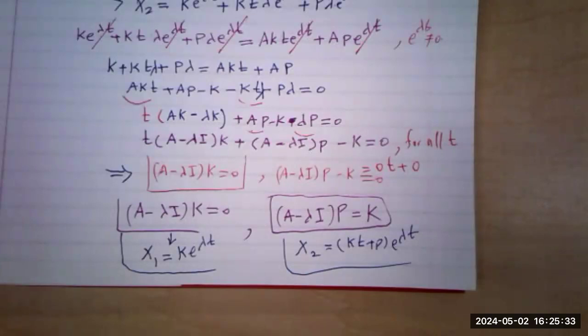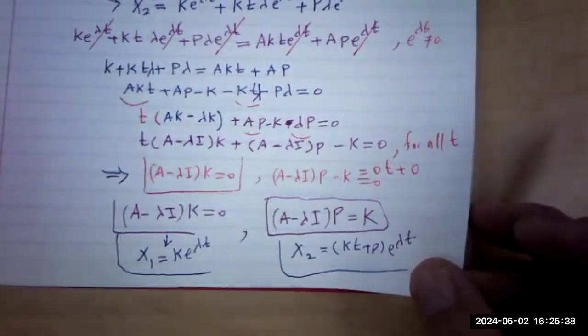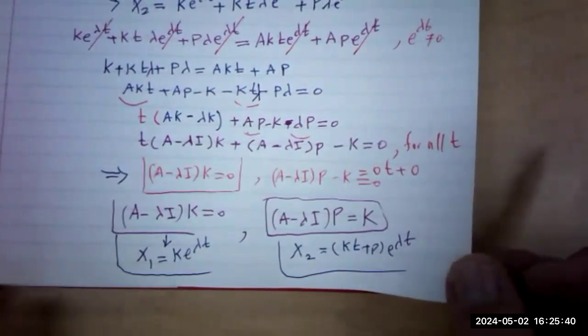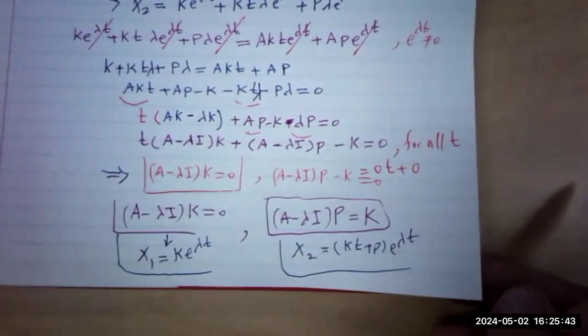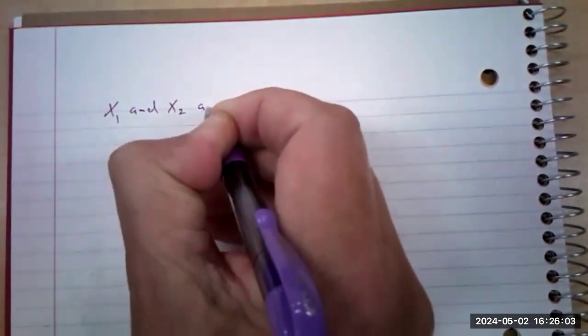Okay, so the general solution. Again, we can show that this X1 and X2 that you got from here are linearly independent solutions of the linear system, and since they are linearly independent, the linear combination C1 X1 plus C2 X2 is the solution of the equation. The conclusion is that X1 and X2 are what we call fundamental solutions in your book.